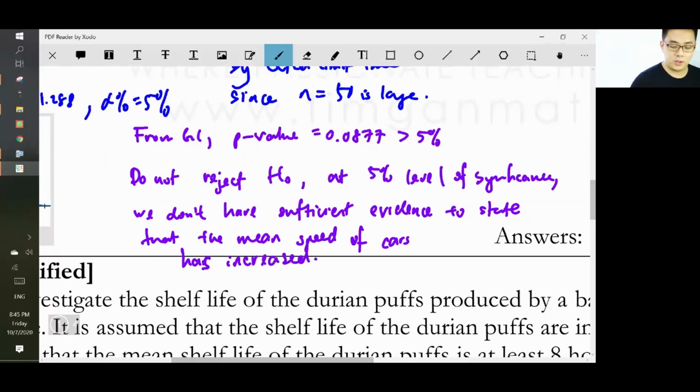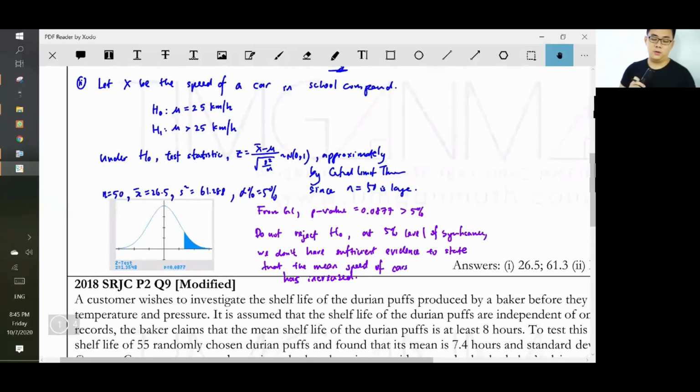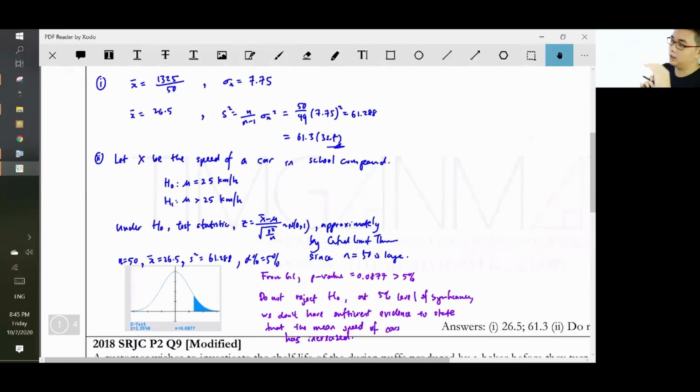Okay, in context of the question. So you just straight away say, hey, security guard, you don't have enough evidence to say that people speed in front of the school.